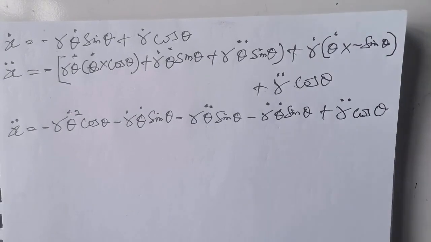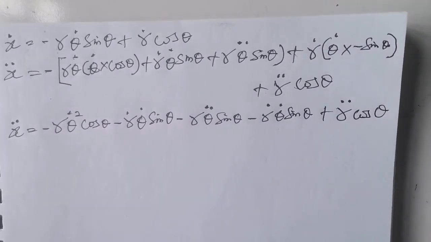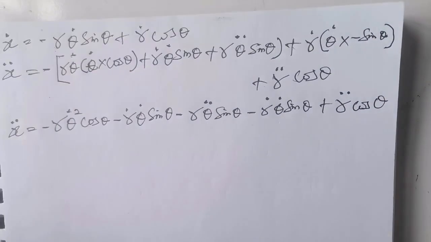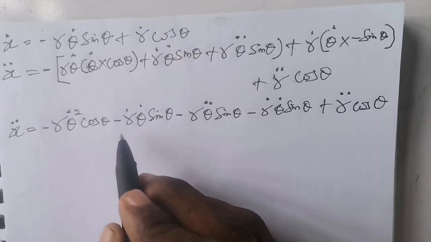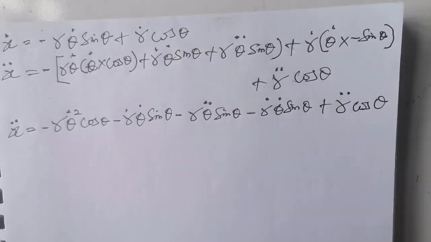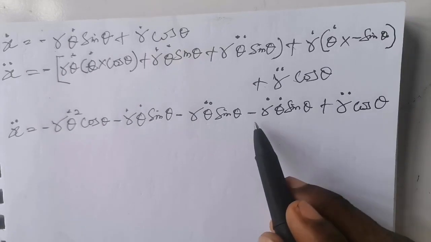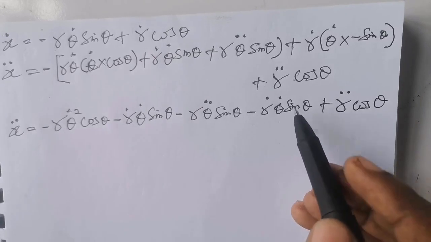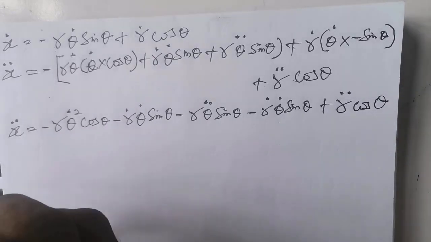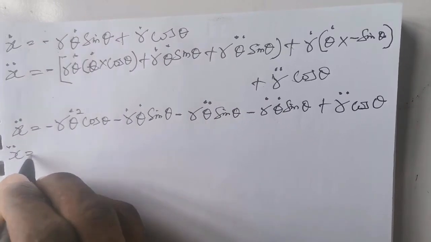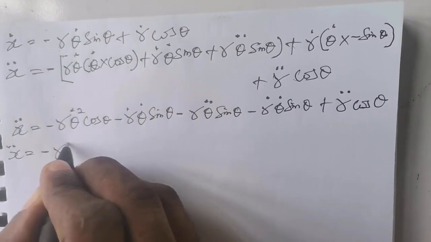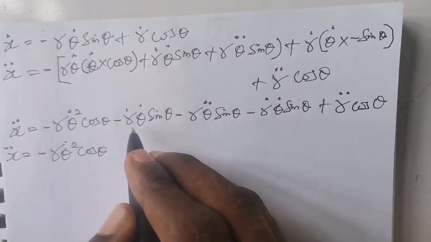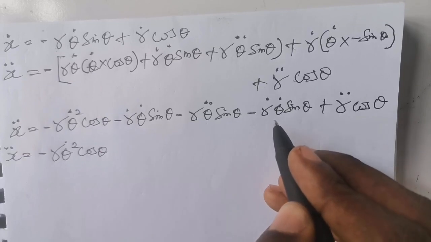So we have this. Okay, so let's see if anything can add or subtract in this equation. So if you look through this equation, you observe that we have minus r dot theta dot sine theta, and we have here minus r dot theta dot sine theta. So which means these two can add negatively. Okay, so we have x double dot to be equal to, this is minus r theta dot squared cos theta minus r dot theta dot sine theta minus r dot theta dot sine theta.